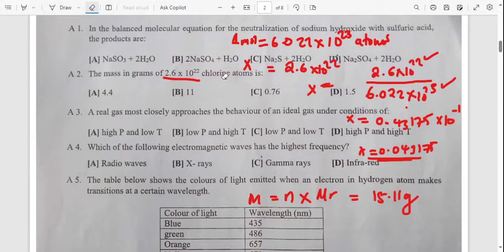Just give me a moment. When I was multiplying on my calculator, I didn't use 0.04, I used 0.4. So I was supposed to divide this number by a 10. This number which was on top here, 0.43, by a 10 to give me the one which is at the bottom. So the value that I've gotten is 1.51 grams. So that is D.